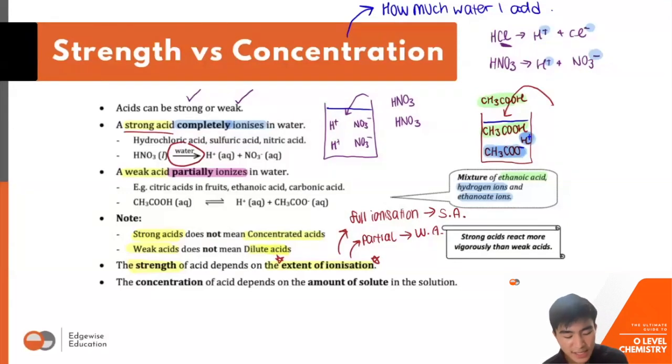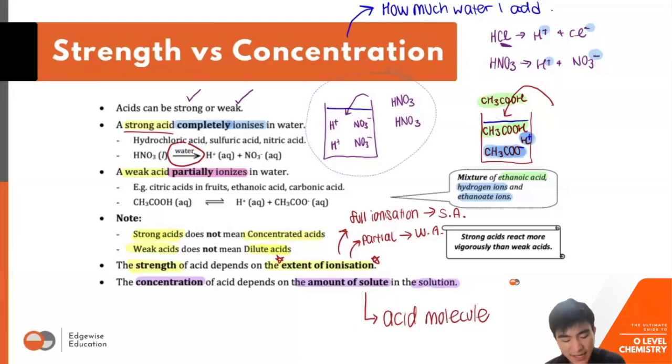Now, what about concentration? Concentration, by the chemistry definition, depends on the amount of solute in the solution. The word solute here refers to whatever we are dissolving inside the water, which is the acid molecule. For example, I take this scenario over here, I copy and paste.